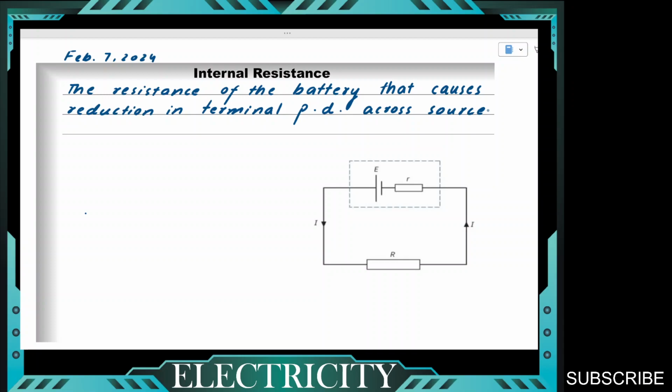Okay, so this is how we define the internal resistance of the source. Source could be a battery, it could be a single cell.